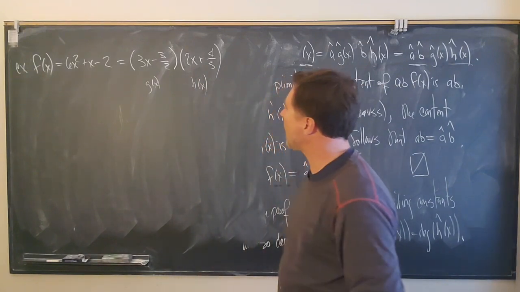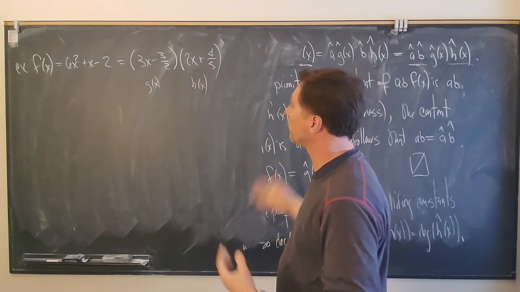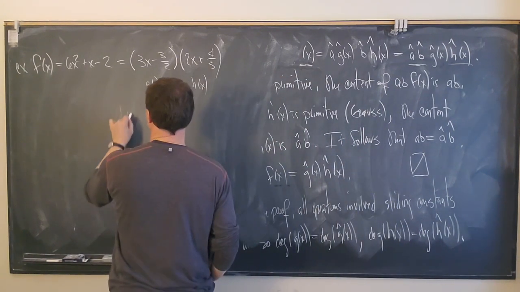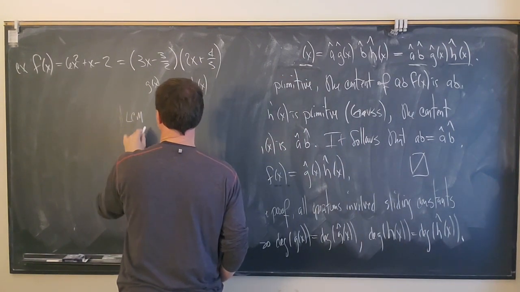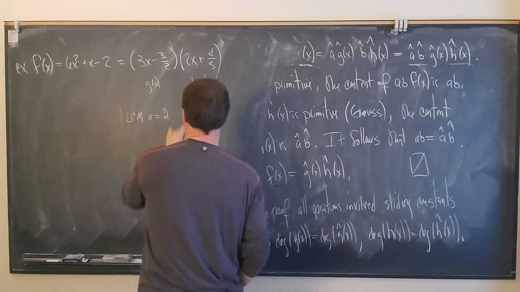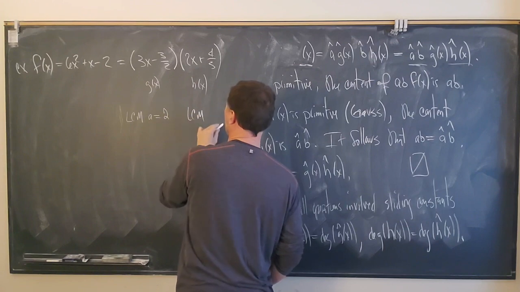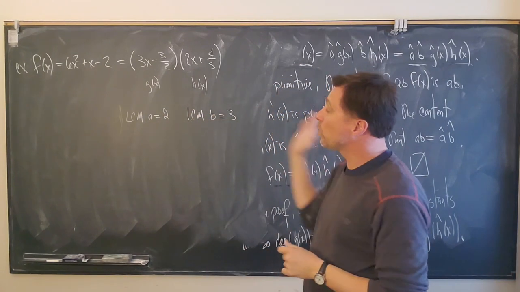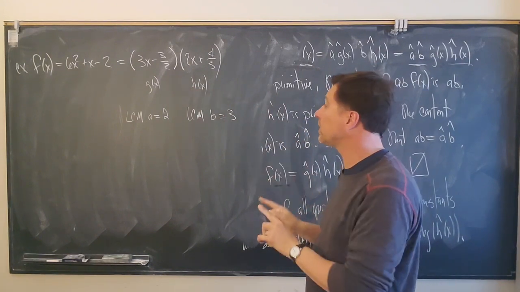We find the least common multiples of the component polynomials and multiply both sides. So let's see, the least common multiple here, the thing I called a, is going to be 2. And then the least common multiple here, b, is going to be 3. So remember, now we multiply both sides by the product of the least common multiples.